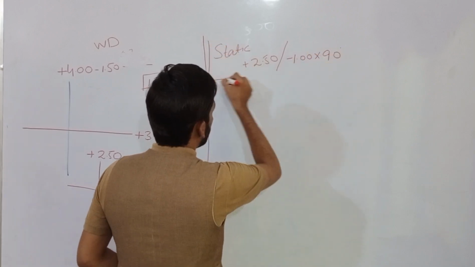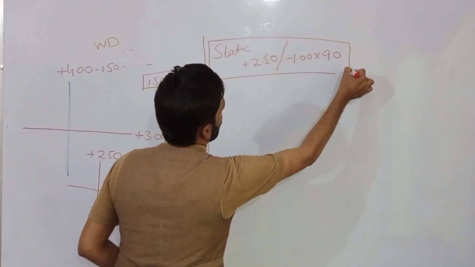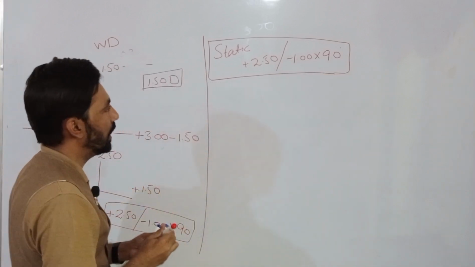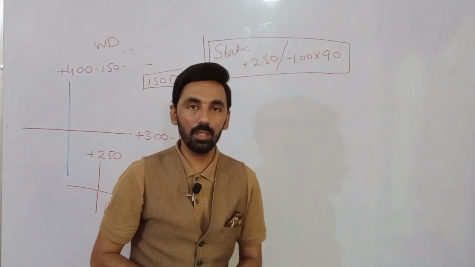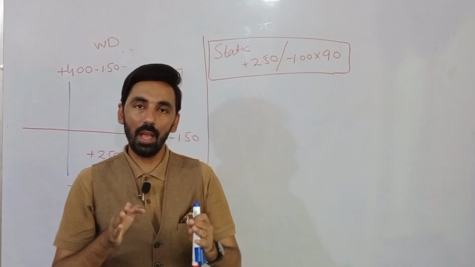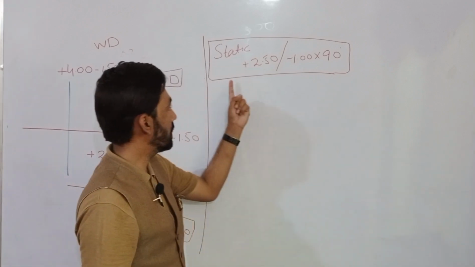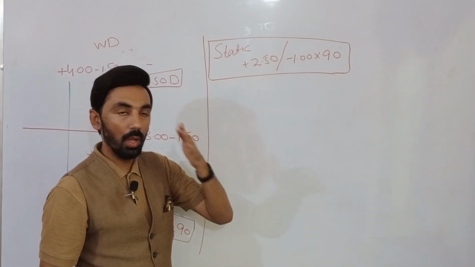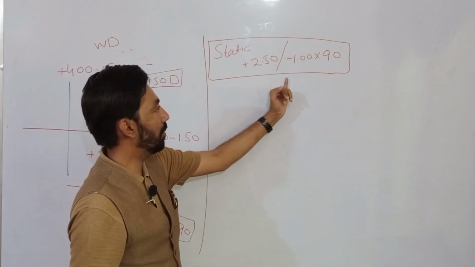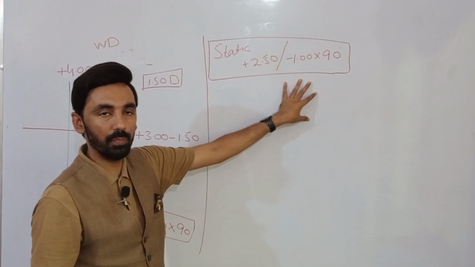So this is static. In static retinoscopy, our patient was looking at distance and his or her accommodation was at rest. And now we have determined the value of the static retinoscopy, right?